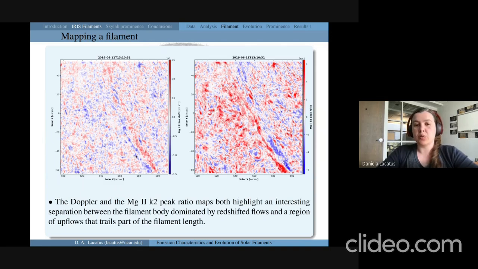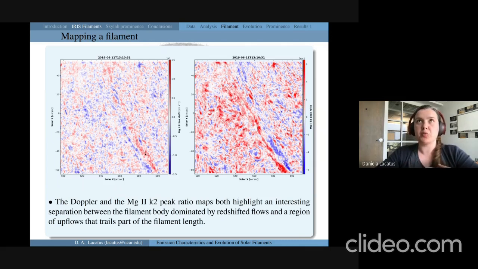During the scan of this filament, we have flows that have a very high blueshifted component along the line of sight at the bottom of the filament, while in the filament itself we have a much stronger redshifted component. So at the bottom of the filament we have material flowing towards the observer, while in the filament itself we have flows moving away from the observer.